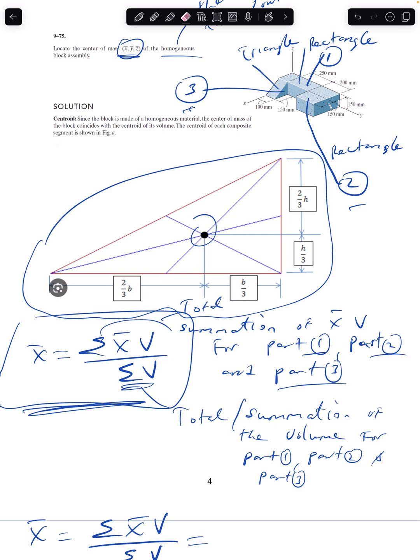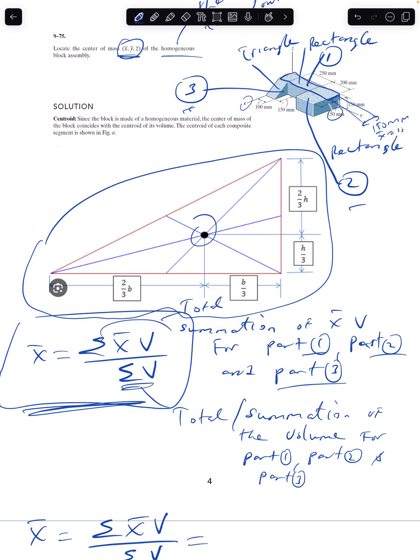So let us look at the x direction for part 1. Let me highlight part 1. It's a rectangle. From this side to this side is actually 150 millimeter. And therefore, what is x bar?